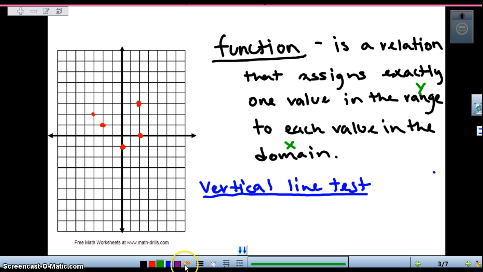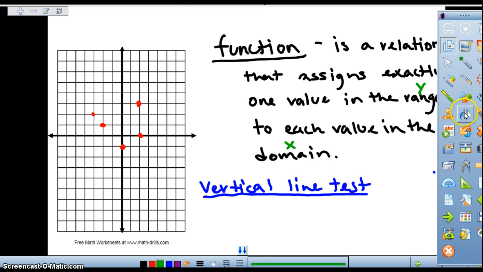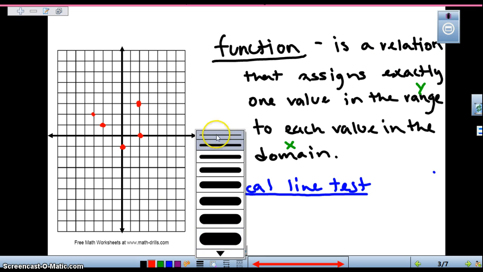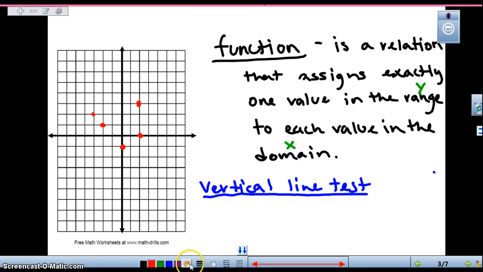To analyze this using a vertical line test, we draw a vertical line over each point and check whether it passes more than one point.